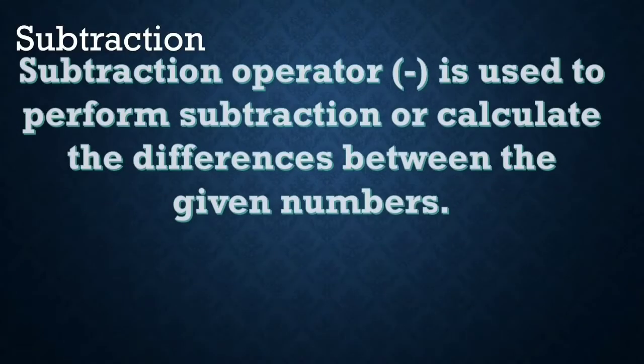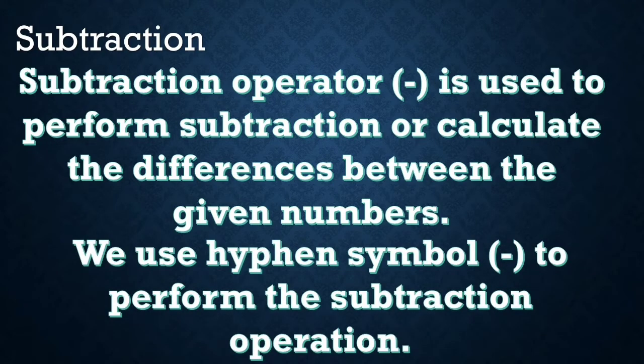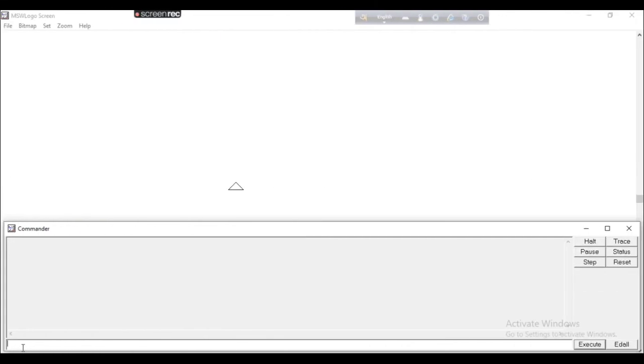And next is subtraction. The subtraction operator is used to perform subtraction or calculate the difference between the given numbers. We use the hyphen symbol to perform the subtraction operation. Here you can put the numbers with the subtraction symbol, or you can put the print command before giving the numbers.